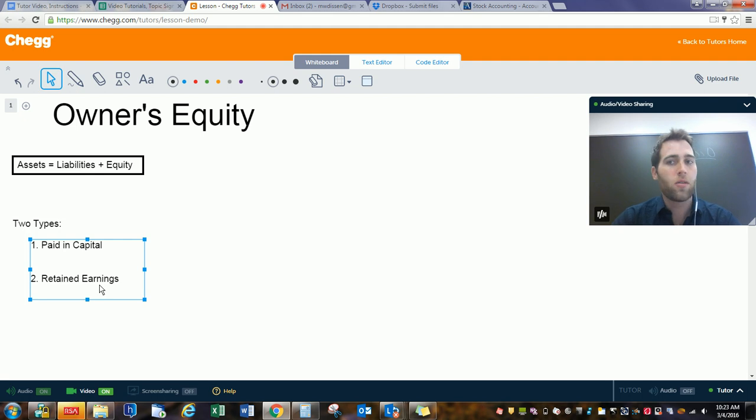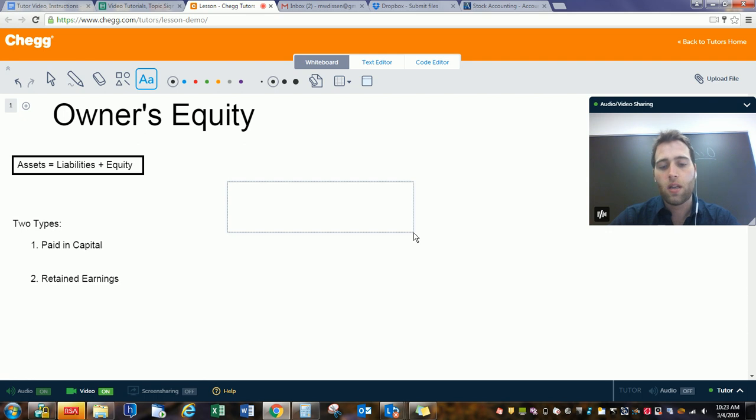Let's walk through a couple journal entries to maybe increase your understanding of owner's equity. Say a company buys a building for $100,000 in cash. They're going to debit the building for $100,000, and they're going to credit cash for $100,000.